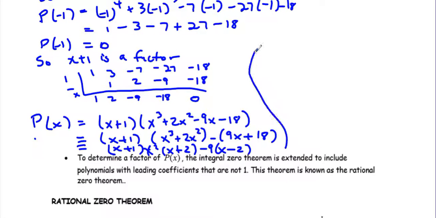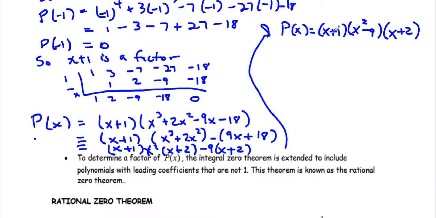When I put this all together, I end up with p of x is equal to x plus 1 times x squared minus 9 times x plus 2. This isn't fully factored still, because x squared minus 9 is factorable by difference of squares. So this is x minus 3 times x plus 3 times x plus 2.